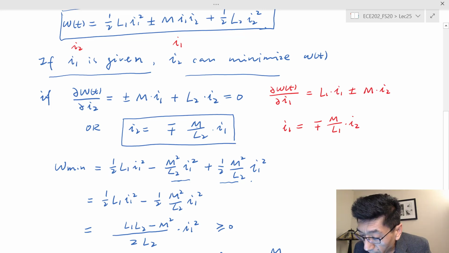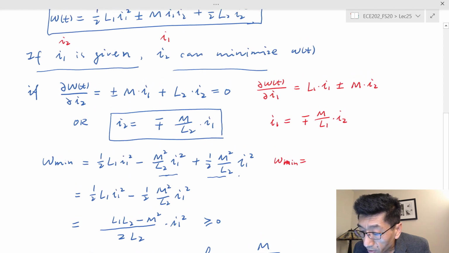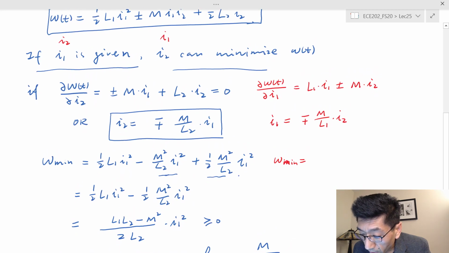And the W min, if you do the similar, you substitute the I1 into the original equation, that should give you something like half of L1 L2 minus M squared over L1 times I2 squared.